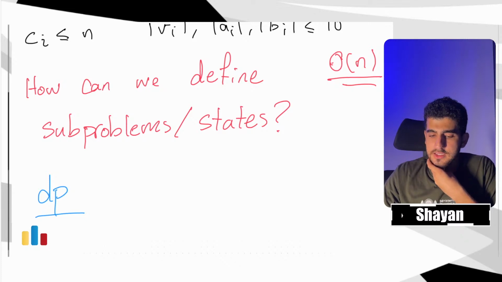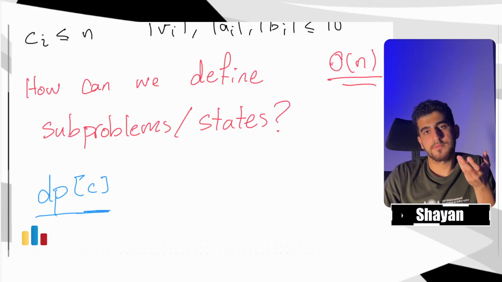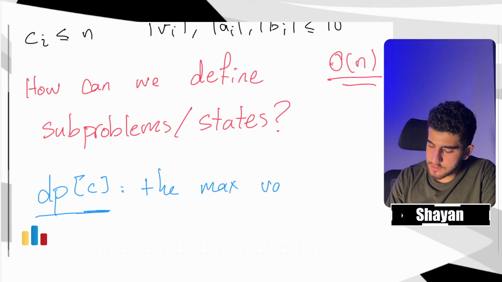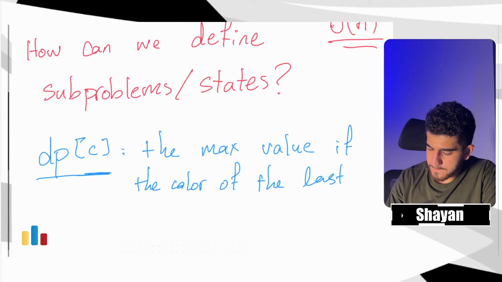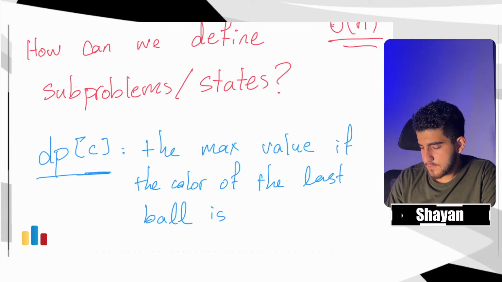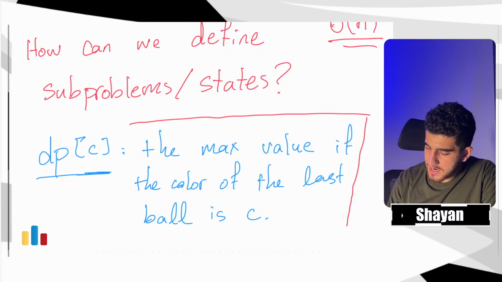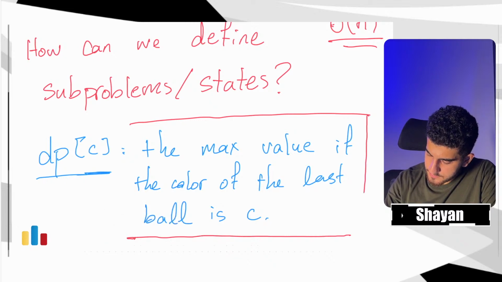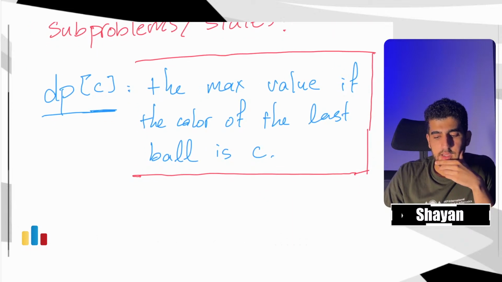So I can try to have DP of some C, which says what is the maximum value if the color of the last ball is C. So DP of C can be this: the maximum value if the color of the last ball is C. Yes, exactly.